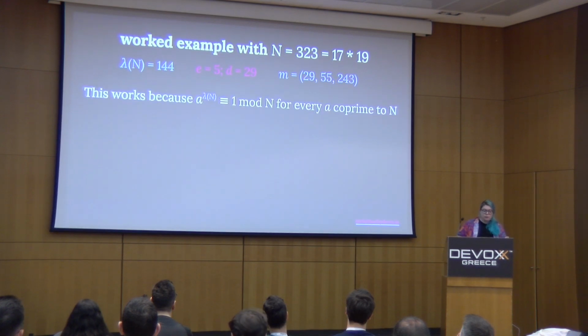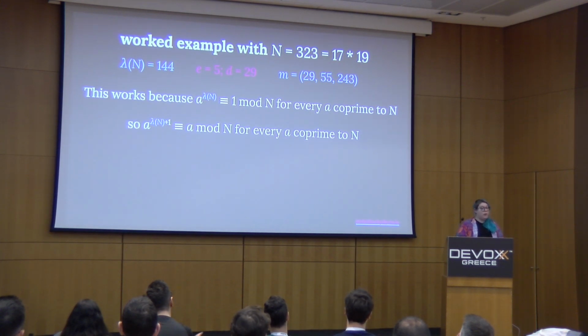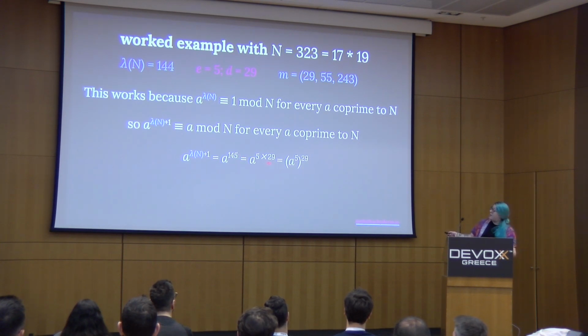Now, the reason this works is because we have this number that we know when you raise anything to the power of it, you end up with a remainder of 1 in mod n, mod 323. So if we multiplied by the same number again, lambda n plus 1, it would be unchanged by this operation. And that's what we're doing when we take the number that was initially raised to the power of 5, we raise it to the power of 29.